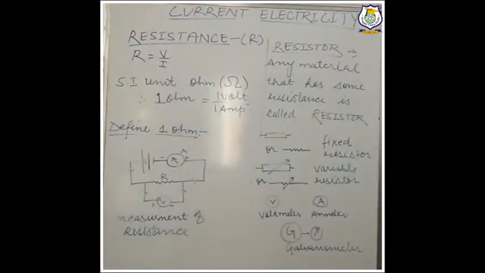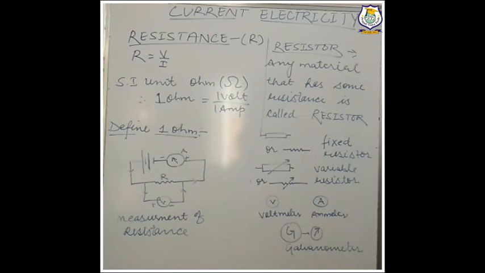Now we are going to discuss resistance in detail. What is the definition of resistance? What is its significance in the circuit? As we got the formula R is equal to V upon I from Ohm's law, let's define it first.